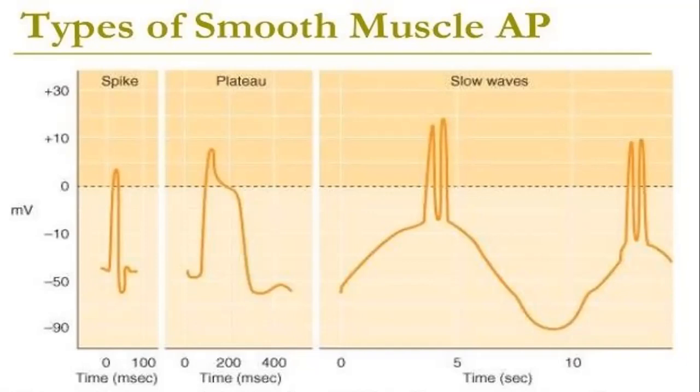Unlike unitary smooth muscle, multi-unit smooth muscle is non-syncytial and contractions do not spread widely throughout. So the contractions of multi-unit smooth muscles are more discrete, fine, and localized than those of the unitary smooth muscles.